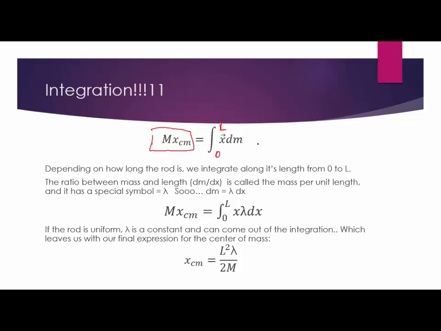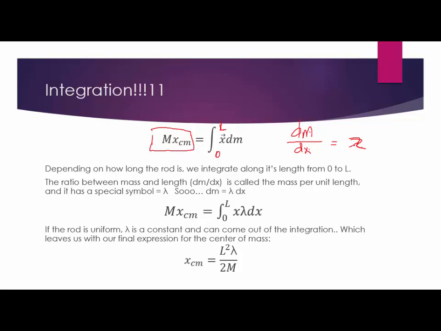Now, the problem with the way this is written right now is that we're going to integrate x with respect to the mass. So in order for this to make a little bit of sense mathematically and to make our lives a little bit easier, it's beneficial to think of the mass per unit length as being lambda.